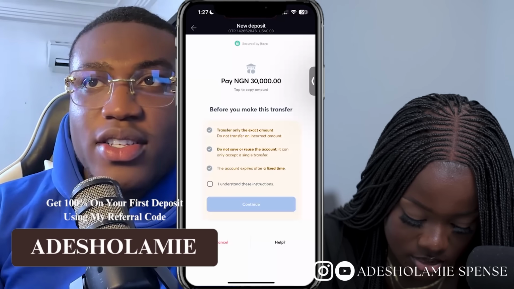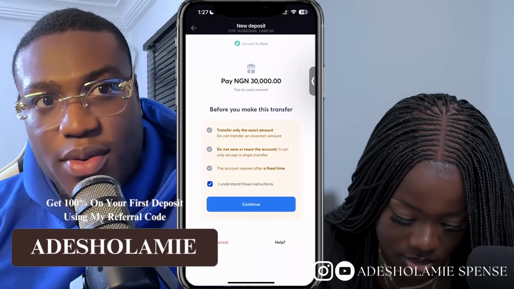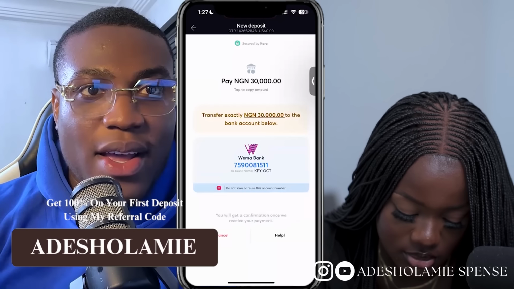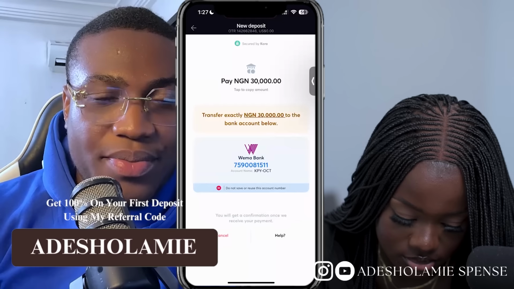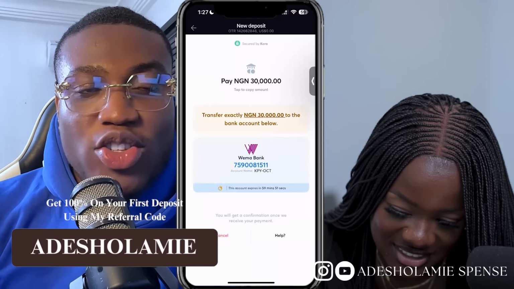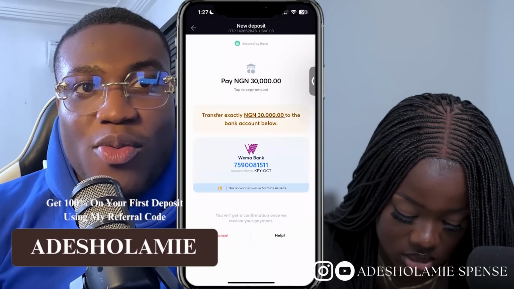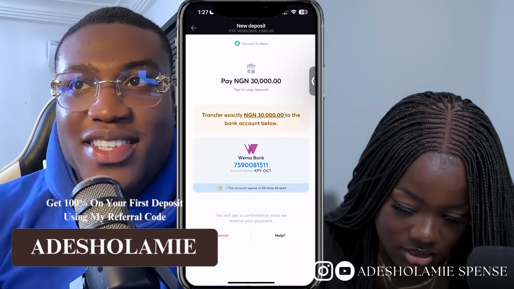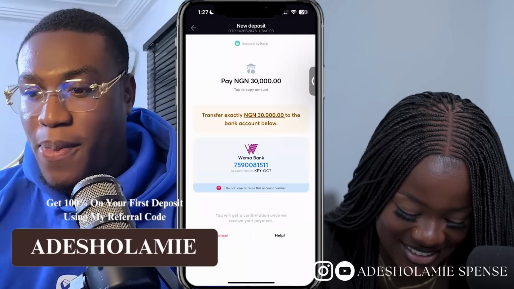It's just for one single transfer and it expires. You understand? And you click on continue. And then you do the transfer of the exact amount to this account. What if I send like 29,000? There should be an automatic refund. Oh, really? But why send 29 when you can just send the 30? Guys, try not to make that mistake, all right?